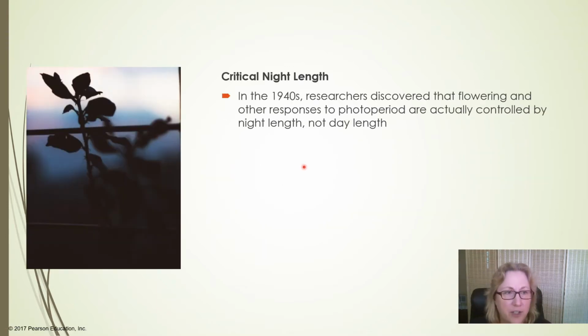And it was discovered in the 1940s that it wasn't the day length that the plants were detecting at all. That in fact, what plants are detecting is the length of the night. They are detecting the uninterrupted darkness. And in fact, there are many flowering plants that will not flower without a certain length of uninterrupted darkness.